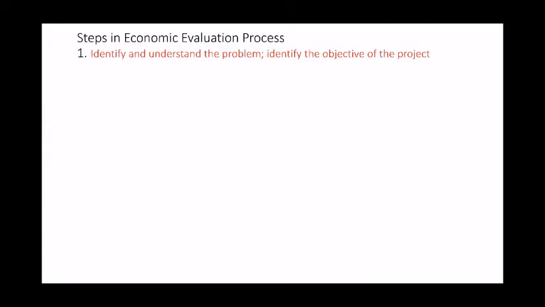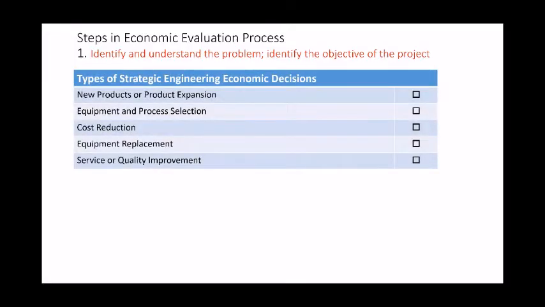Now, step number 1, we said that we need to identify and understand the problem, identify the objectives of the project. Okay, now, can you still remember the types of strategic engineering economic decisions in chapter 1, introduction? So, analyzing that problem, what type of strategic engineering economic decision is involved in that problem? That is now identifying and understanding the problem. Remember before, they had separate machines to do different functions.